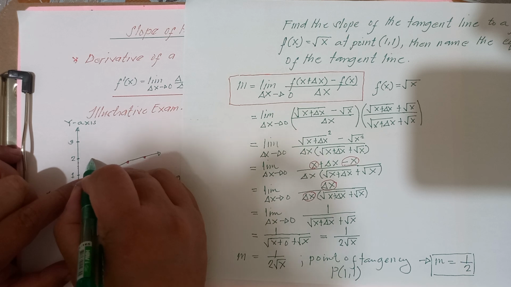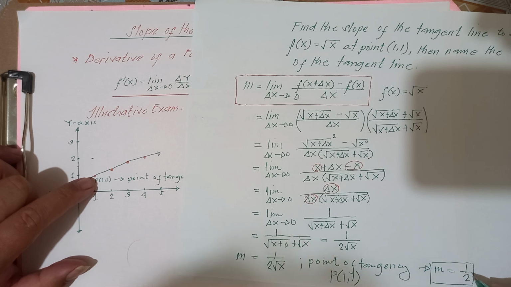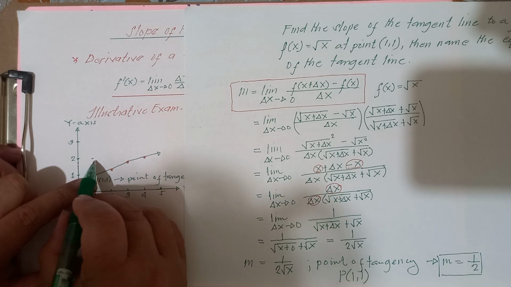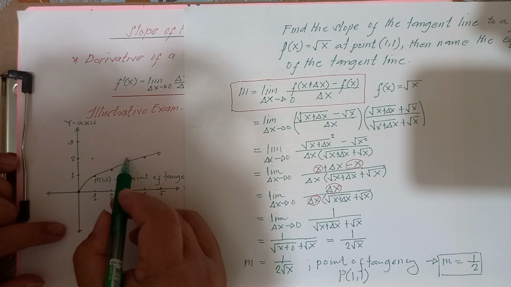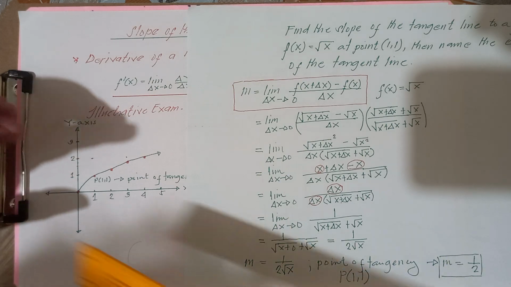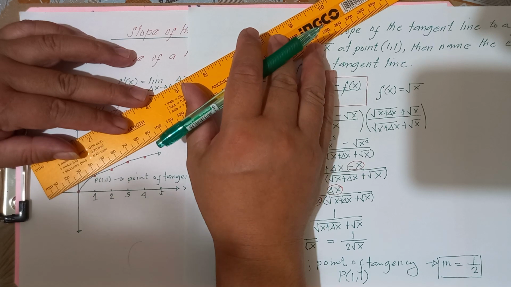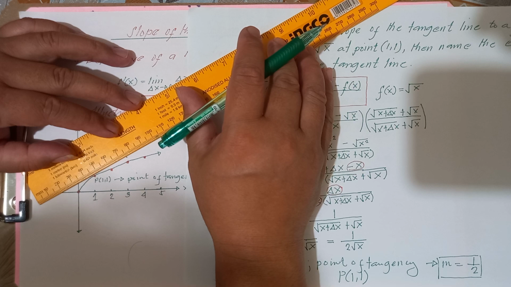Then for the change of x, we count 2 units along the x-axis. So 1 and 2. So meaning to say, our point in here is located.